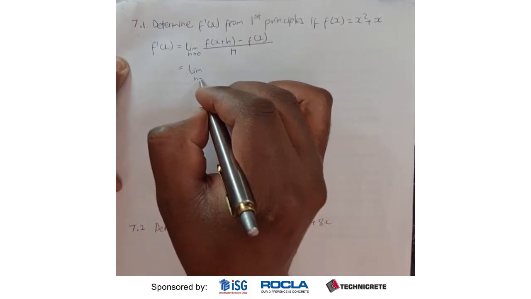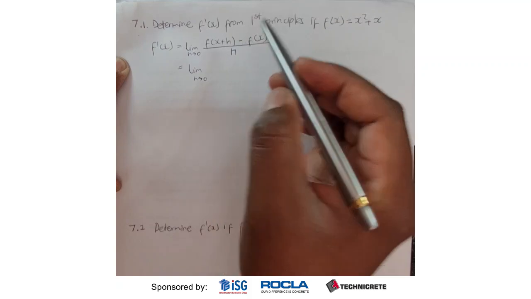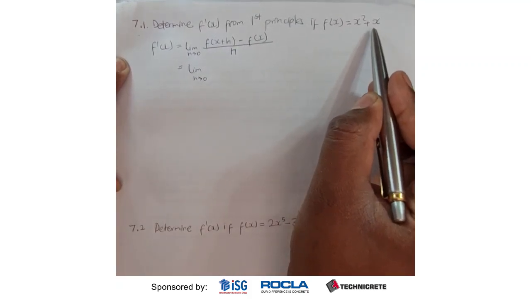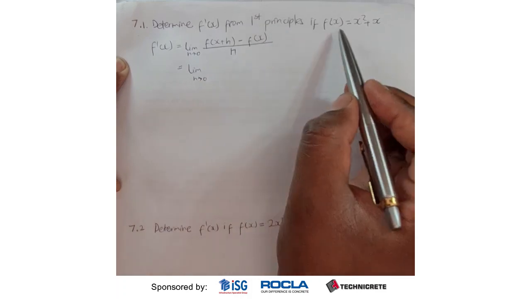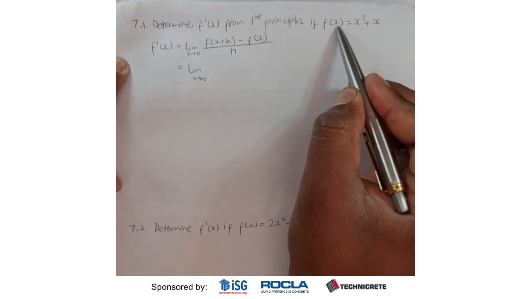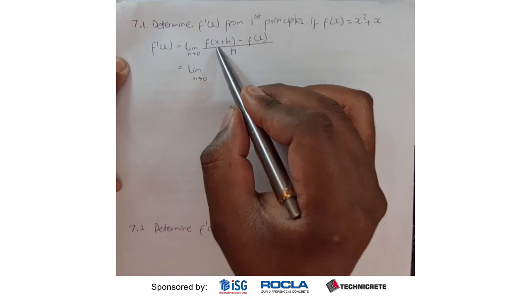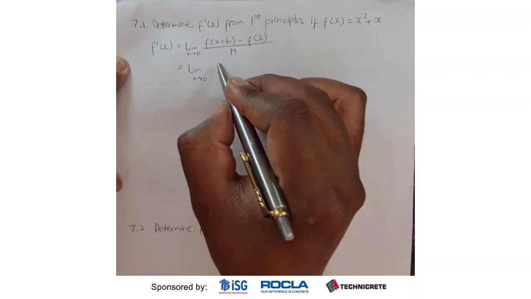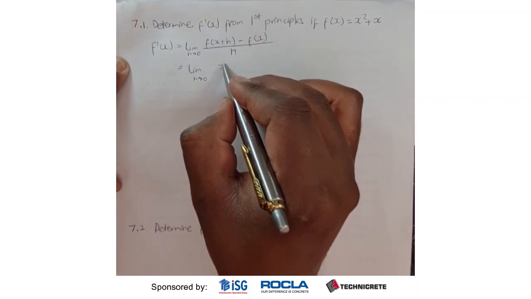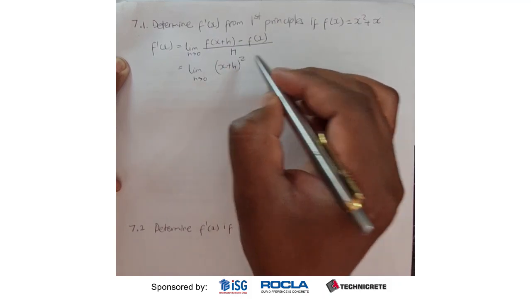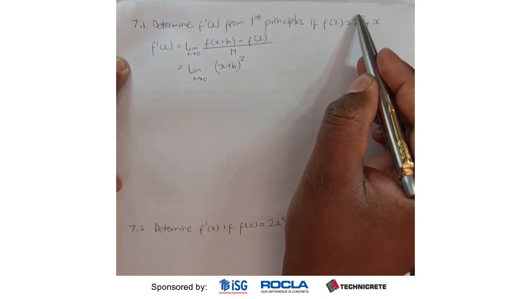So f of x plus h, given that f of x is that, so wherever in the f of x we see an x, instead of writing x, we write x plus h. So then that gives us x plus h all squared. This is that part there.